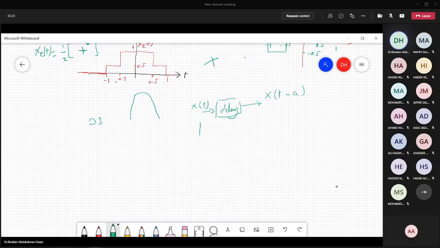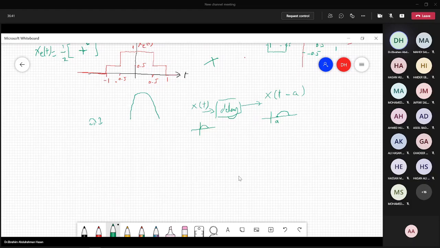Instead of starting at 0, for example, this one is going to start after a time which is a. So there are some very important operations that we need for a signal.